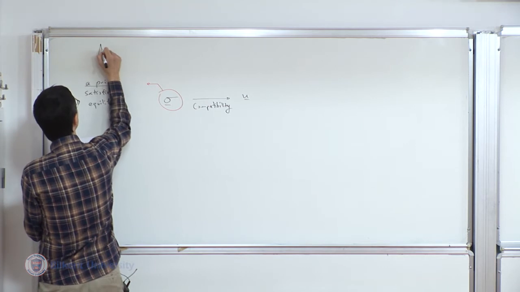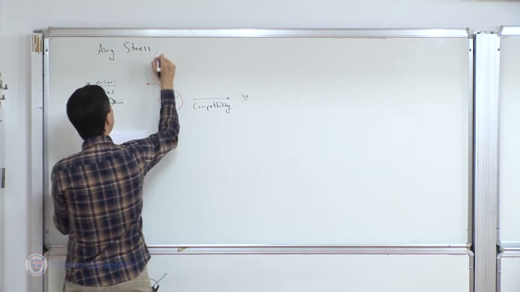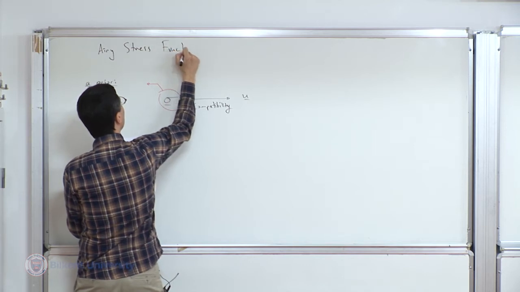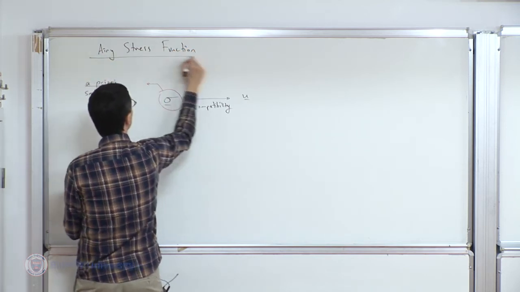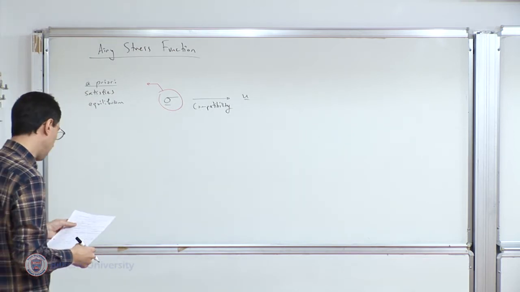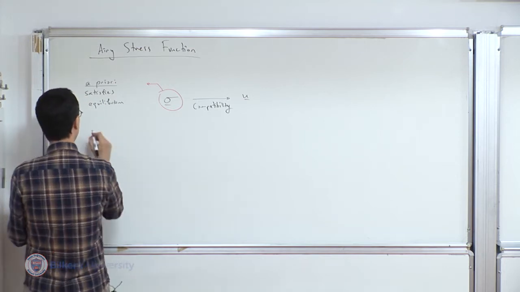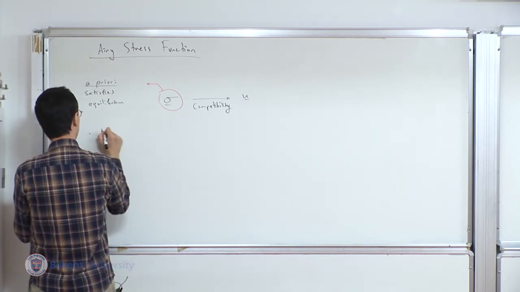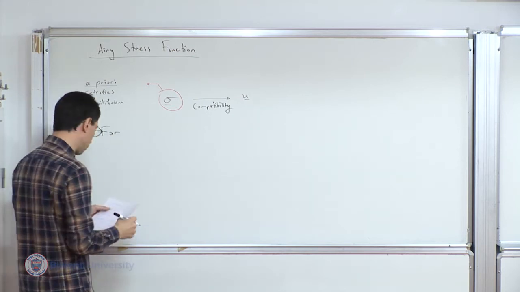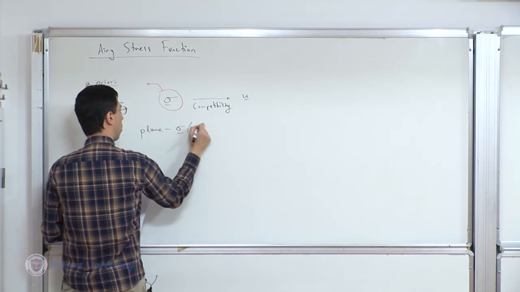Now, the key idea in making this concept work is called the Airy stress function. It's an ingenious approach, and it's quite old. Remember also that we are working with intrinsically two-dimensional problems, which are either plane stress or strain.